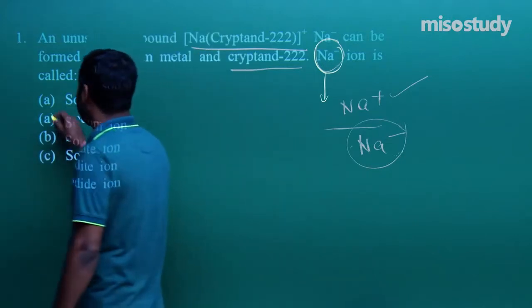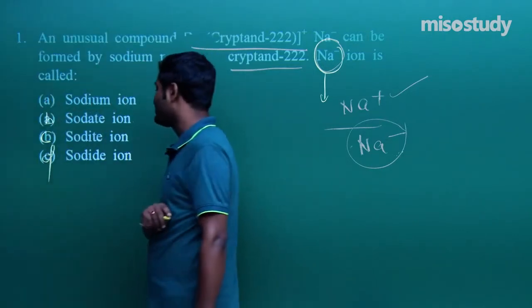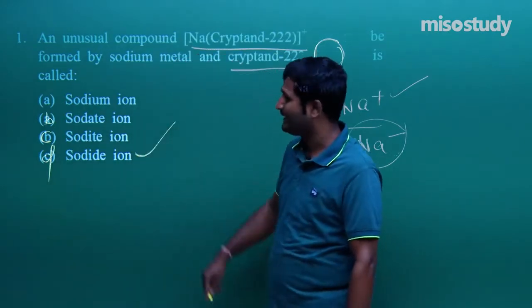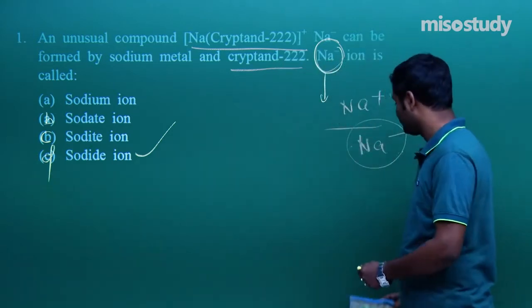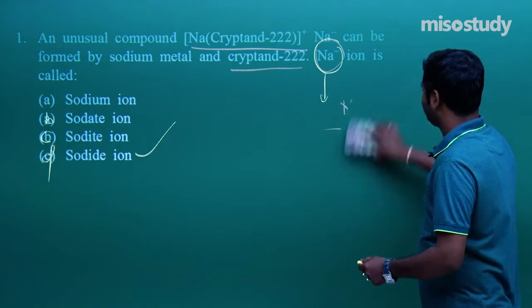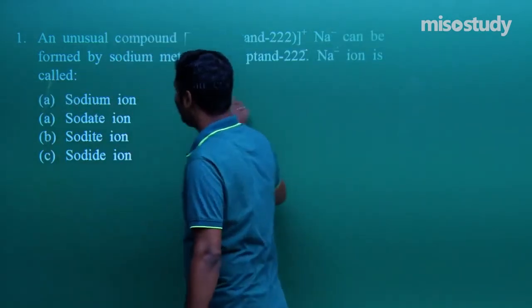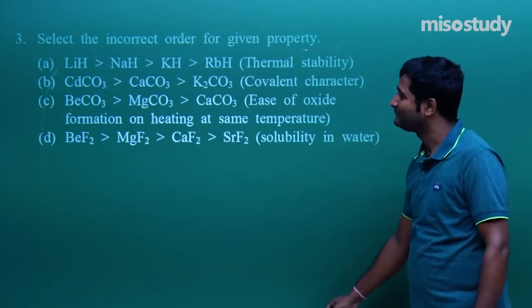This one is A, this one is B, this one is C, and this one is D. So this is the correct option, sodide ion. Clear, friend? Don't get confused. Now let's move to the next one.